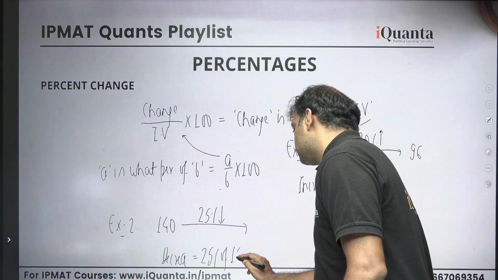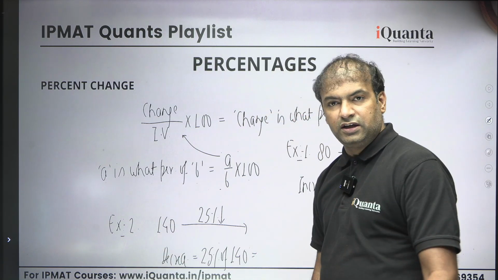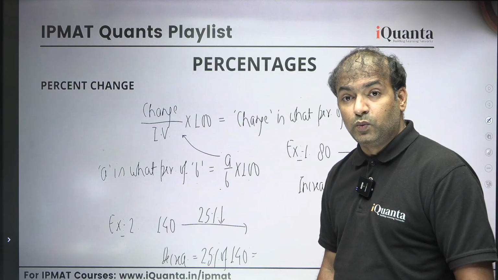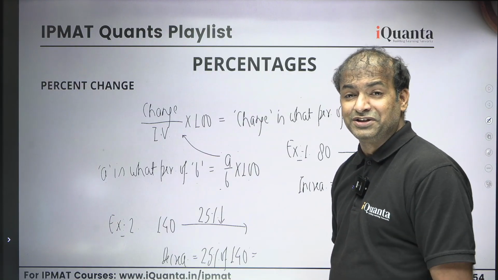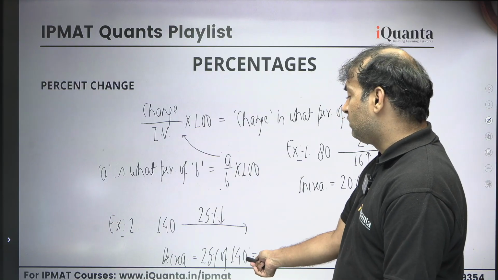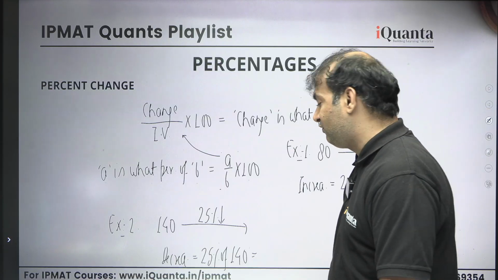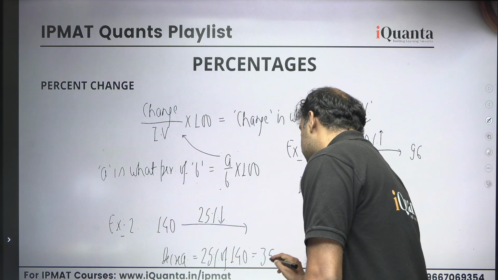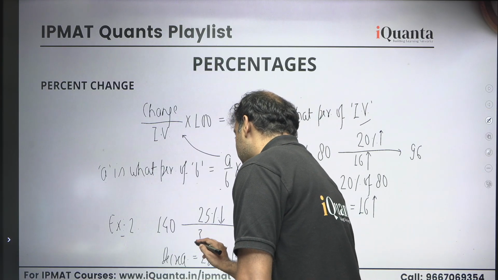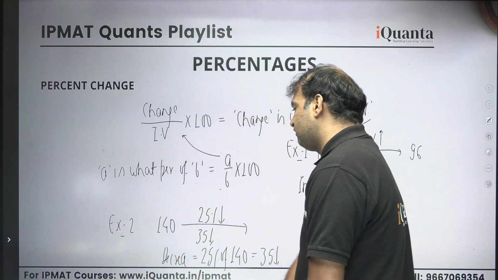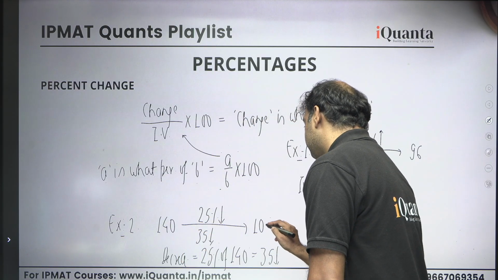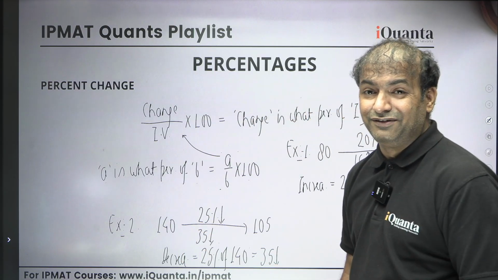So 25% of 140 should be the amount of the decrement. Now 25% is nothing but 1/4, right? This is what we have discussed in the previous sessions. So 1/4 of 140 is how much? It has to be 35. So the value decreases by 35, that means 140 must be decreasing by 35, and it should be 105. So we can say 105 has to be the final value, right?